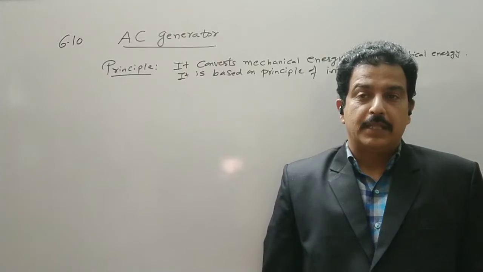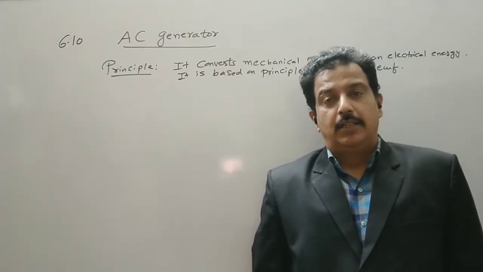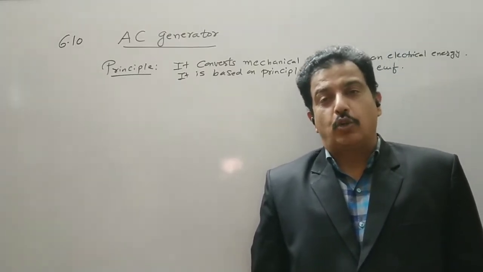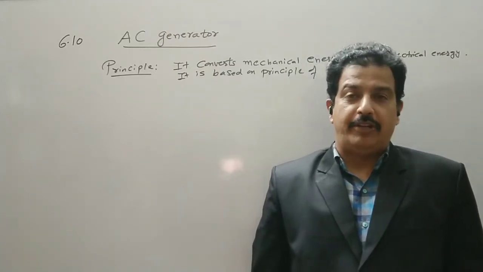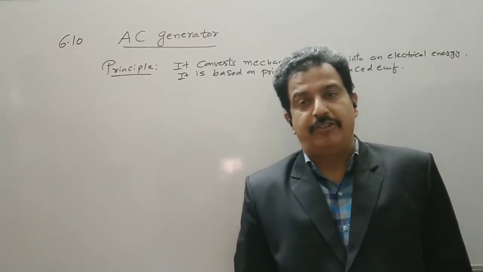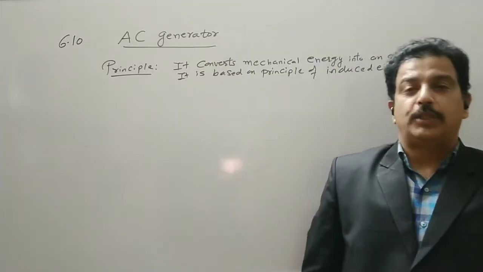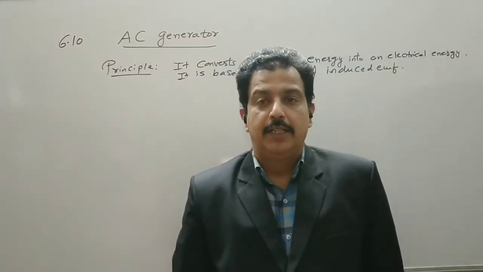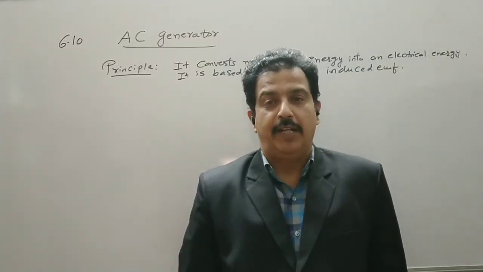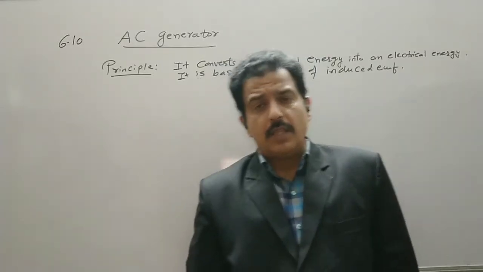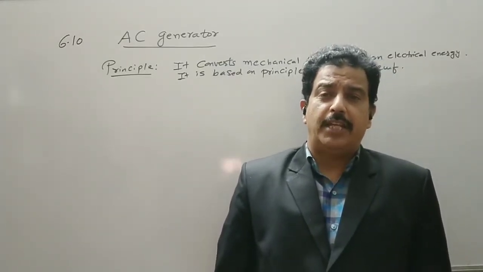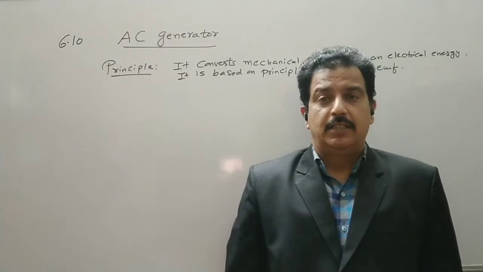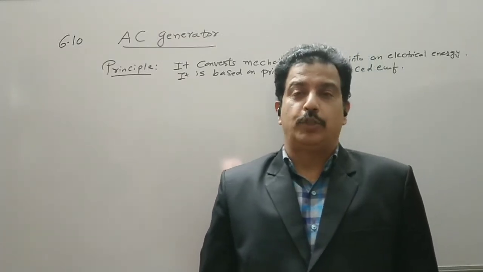of the coil. So in AC generator, we will rotate a coil in a uniform magnetic field. So when the coil is rotated in a uniform magnetic field, the angle between the magnetic field and the area vector will change at every instant. So continuously the coil will be rotated.